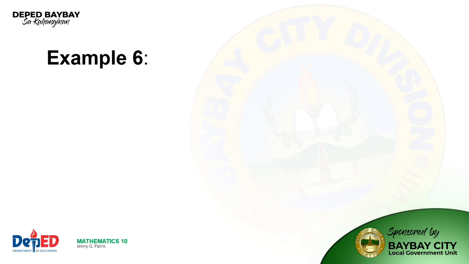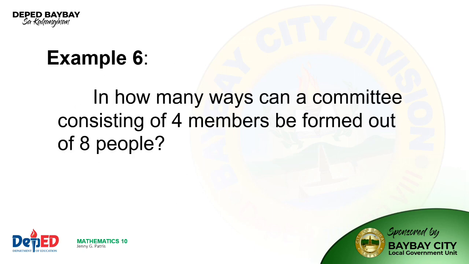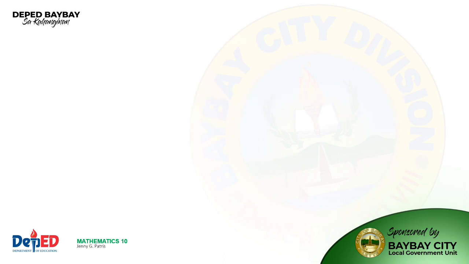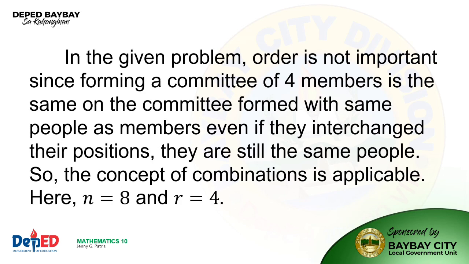Example 6. In how many ways can a committee consisting of 4 members be formed out of 8 people? In the given problem, order is not important since forming a committee of 4 members is the same as the committee formed with the same people as members.